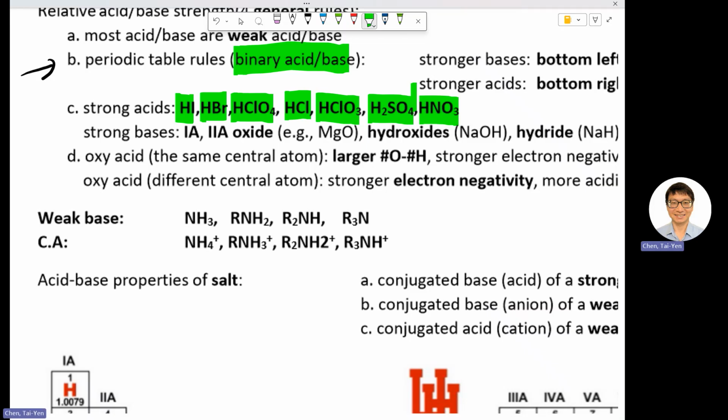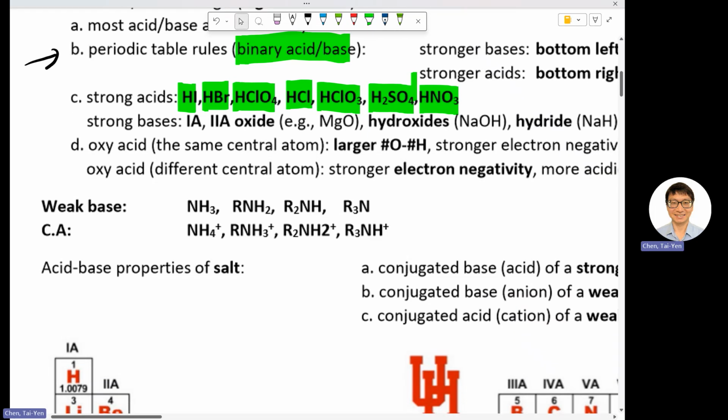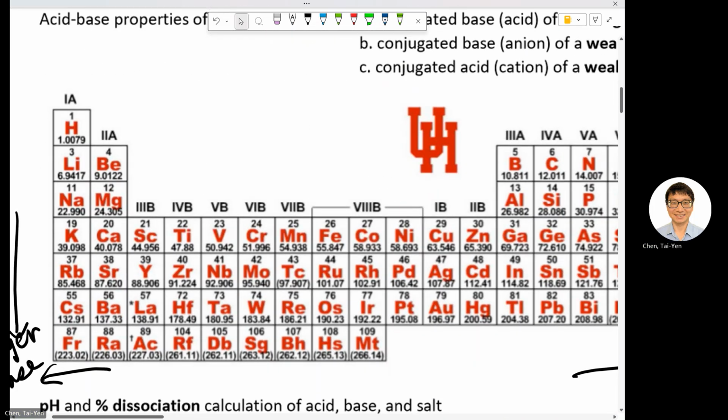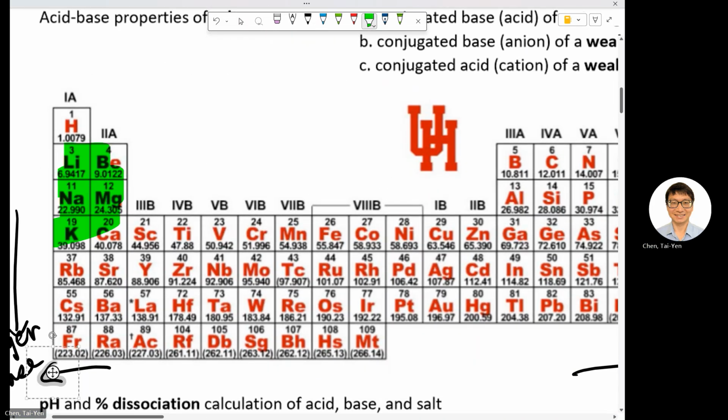Strong base. Every time you see strong base, if you go back to your periodic table, 1A and 2A elements are your best friend.